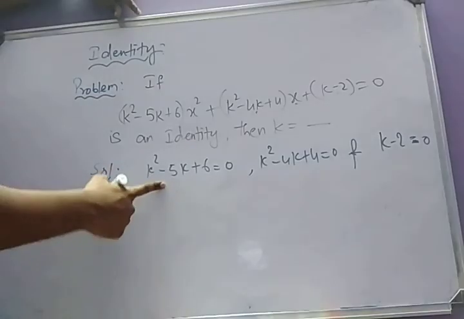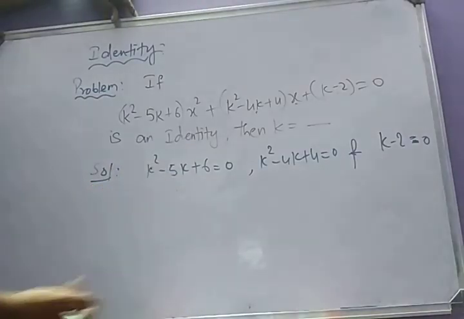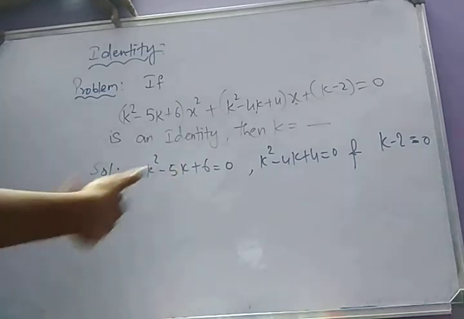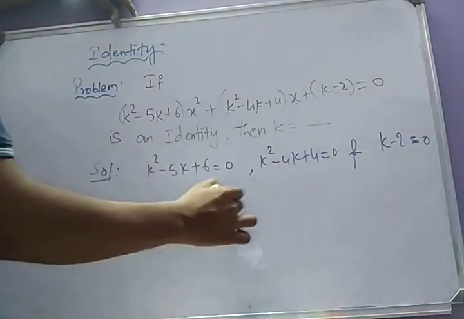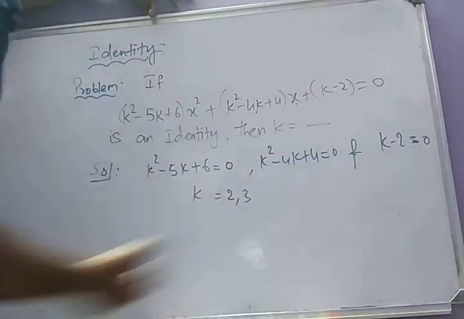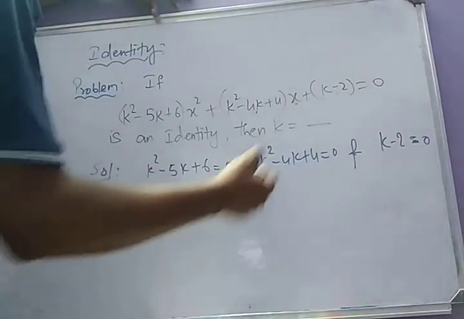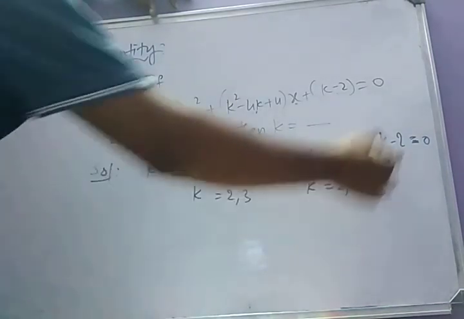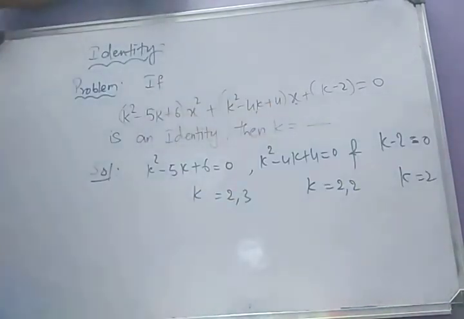If you solve this quadratic equation k square minus 5k plus 6, if you factorize, if you split the middle term, you can easily find that k is equal to 2, 3. And if you factorize the next quadratic equation, you get k is equal to 2, 2. And here k is equal to 2.